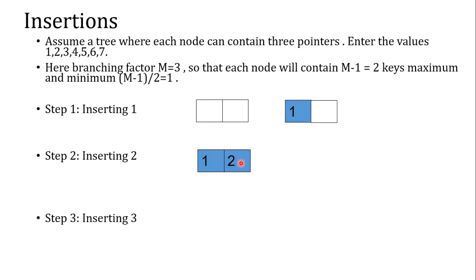Whenever we want to insert 3, we see that this node is already occupied, because the maximum value it can have is 2. So 1 and 2 are already here. If we want to insert 3, we need another node, right? Because 2 values can be placed in a node at maximum, so if we want to insert another value, we need another node.